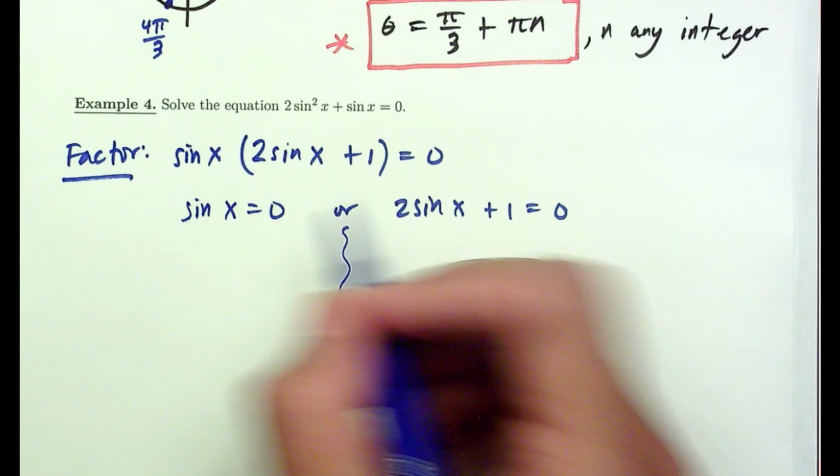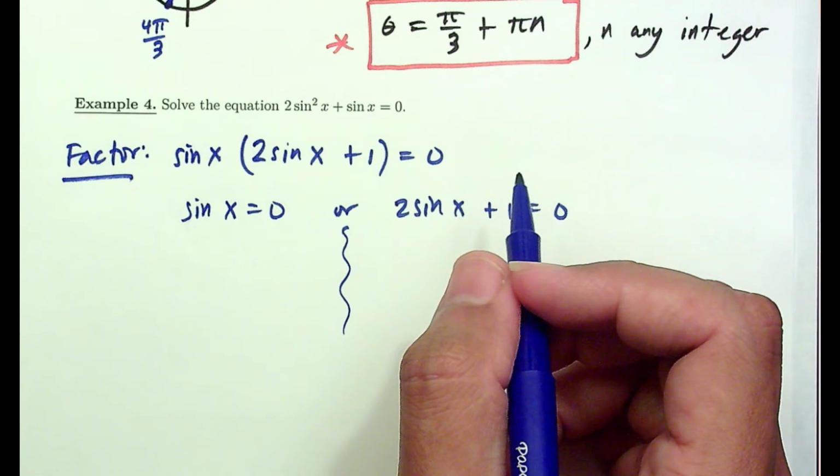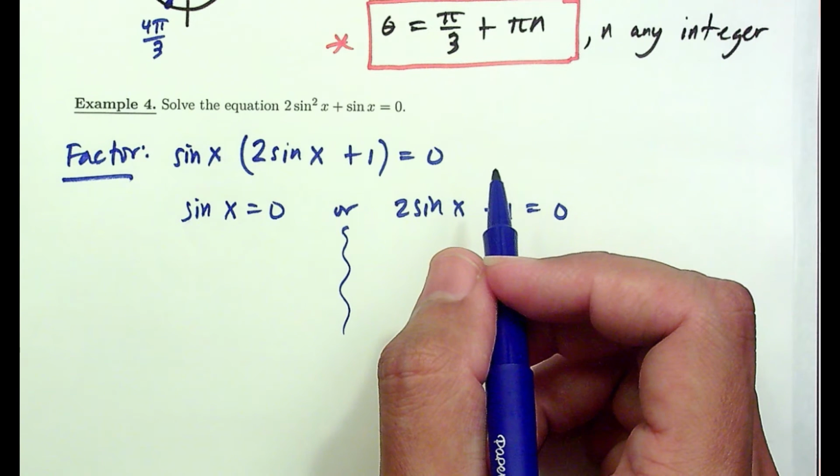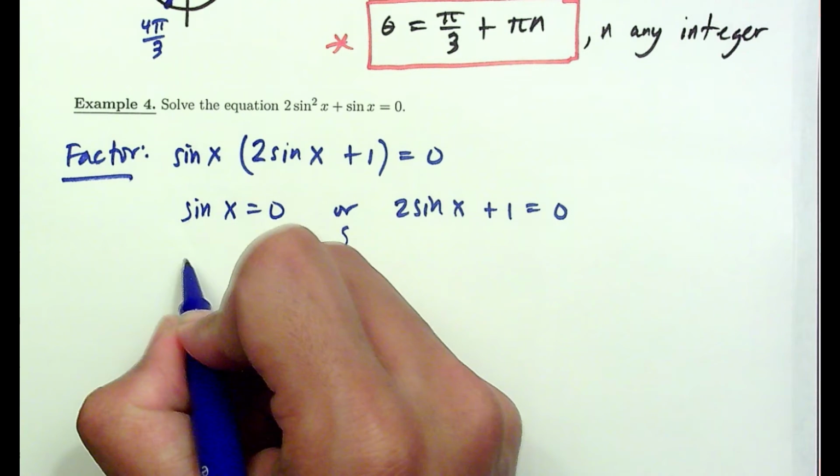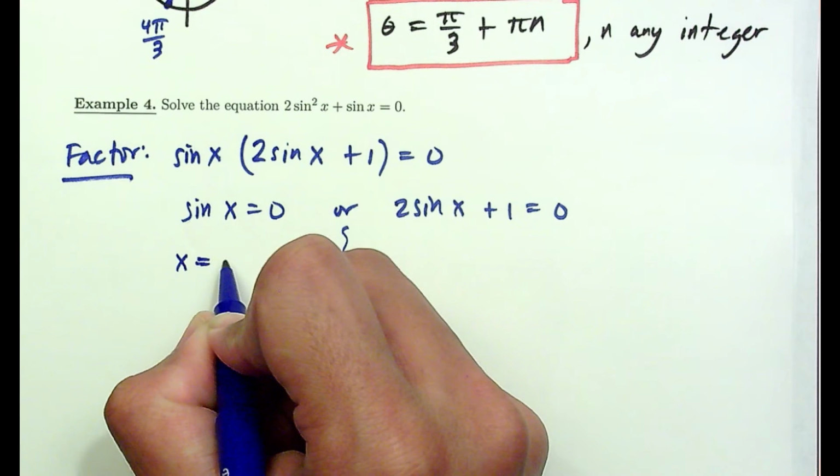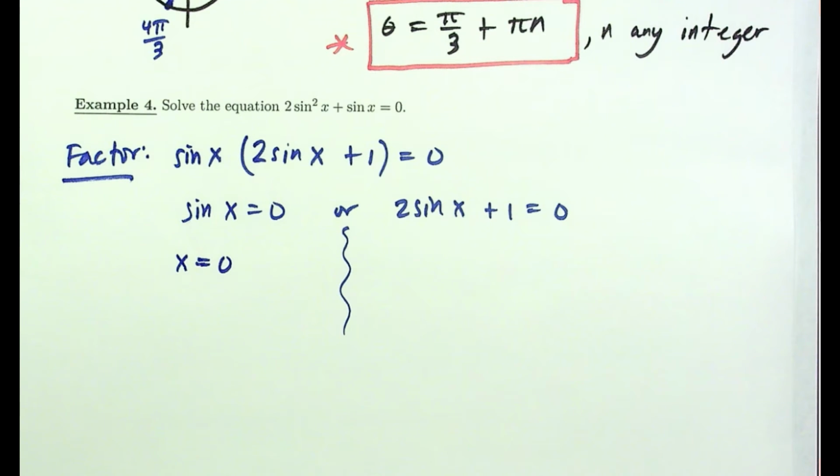Sine of x equals 0. What are the values of x that give you sine of x equals 0? x equals 0.